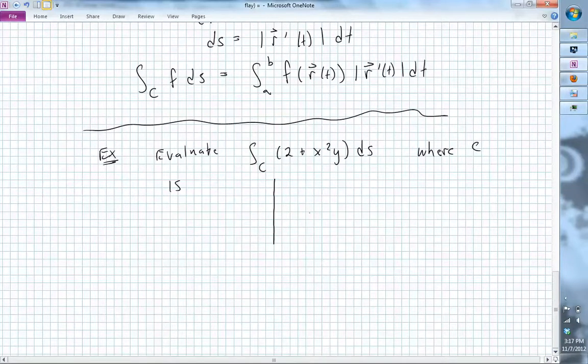C is going to be this guy. So C is the upper half of the unit circle, traversed counterclockwise from 1, 0 to negative 1, 0.